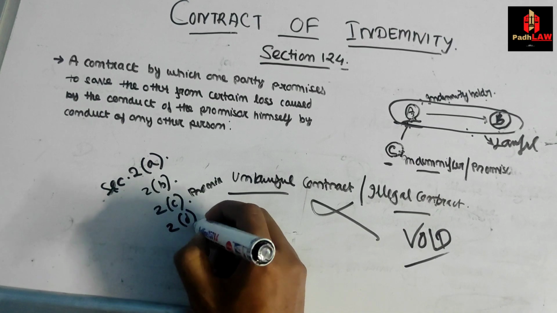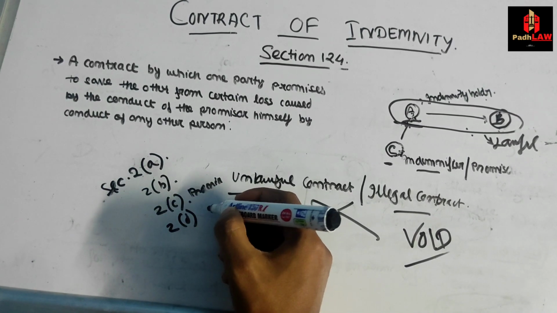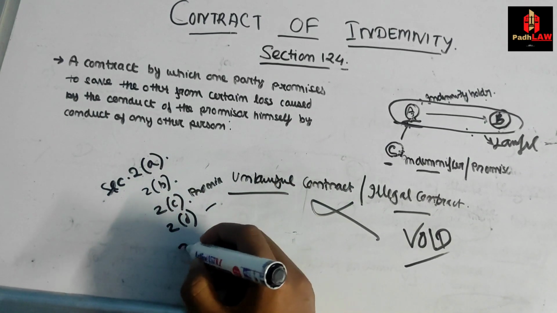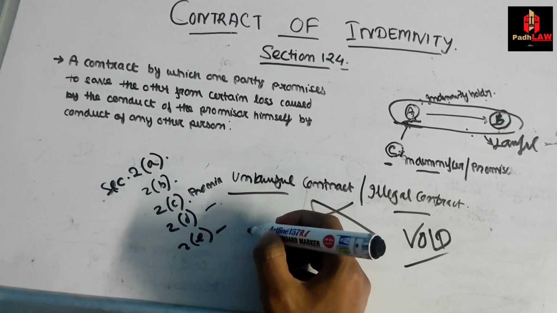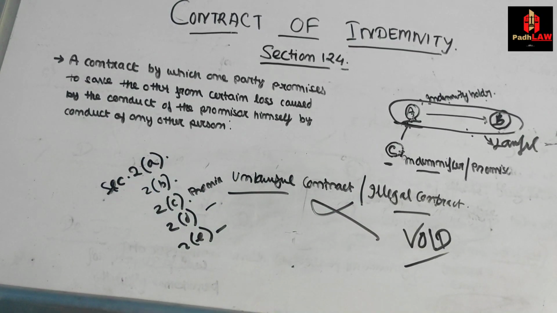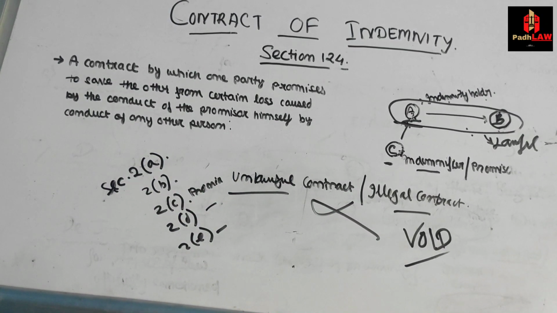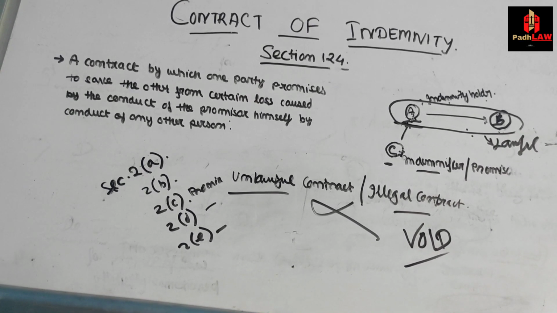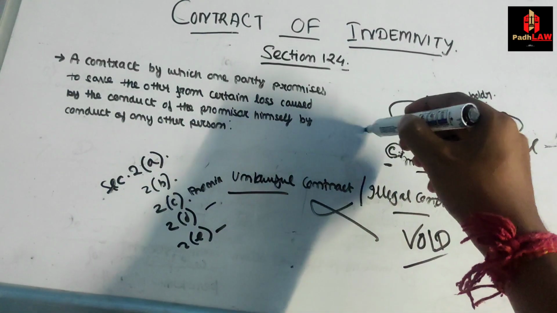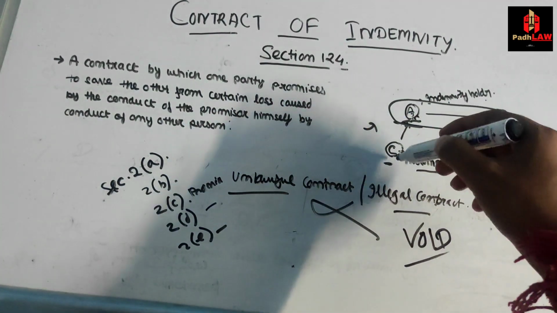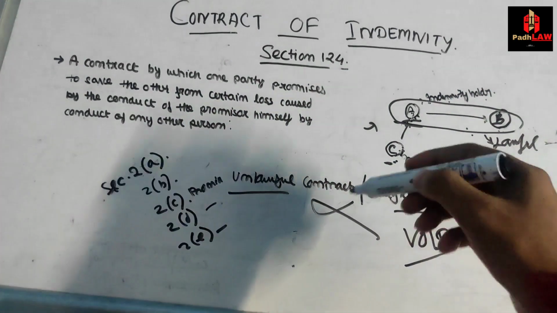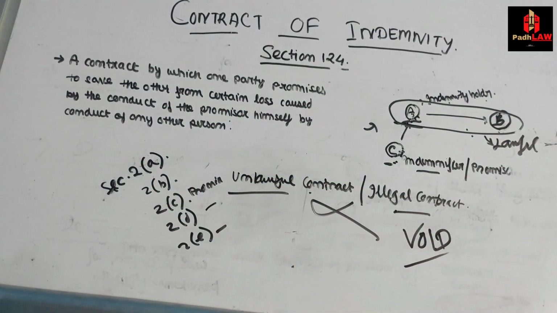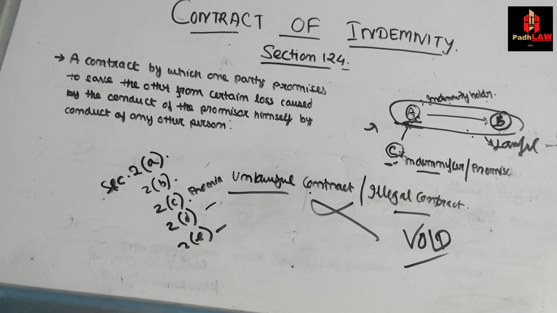Then 2D consideration. Then 2E agreement. उसके बाद lawful agreement होने के बाद then it becomes a contract. Okay, ये सब होने के बाद जो लीगल कॉन्ट्रैक्ट होता है उसको ही इंडेमनिटी के अंदर हम लोग ला सकते हैं. Not any illegal और unlawful contract can come under contract of indemnity.